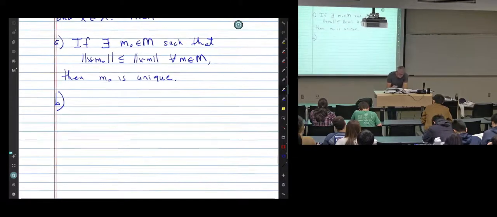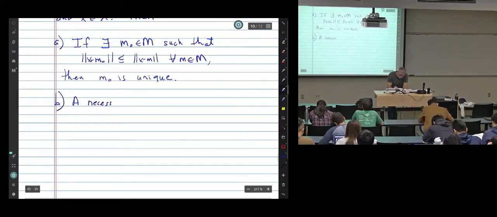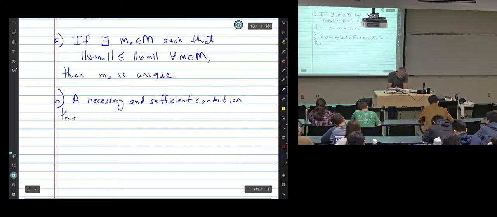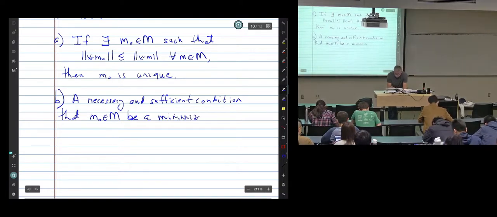B, a necessary and sufficient condition that some point in M be a minimizing solution. And I'll call it a vector just to be clear that it's a vector.